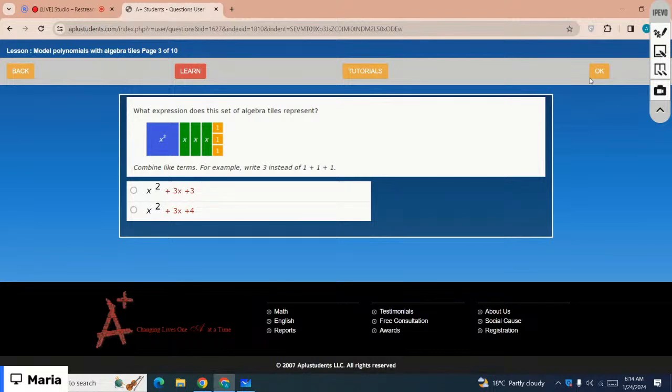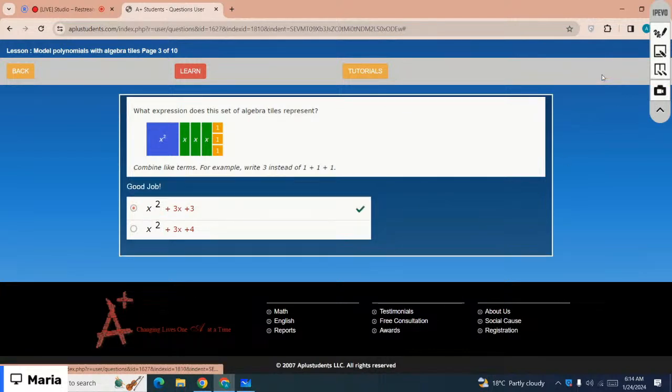The correct option is x square plus 3x plus 3. Got it? The correct option is option number 1, that is x square plus 3x plus 3.